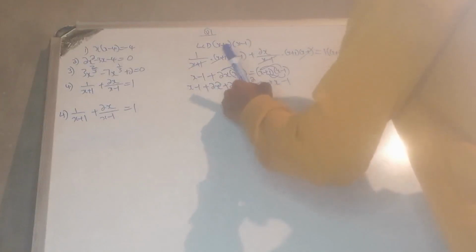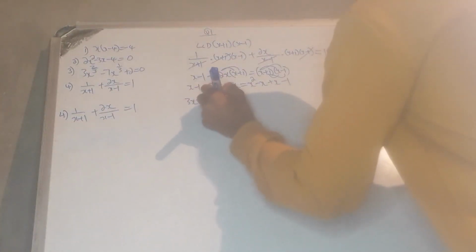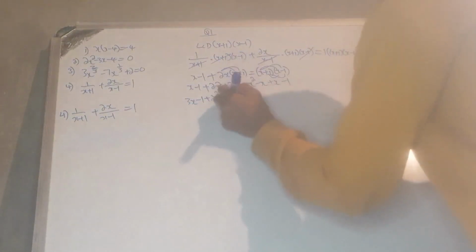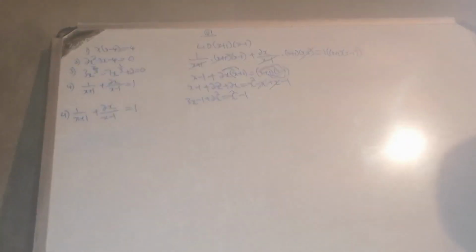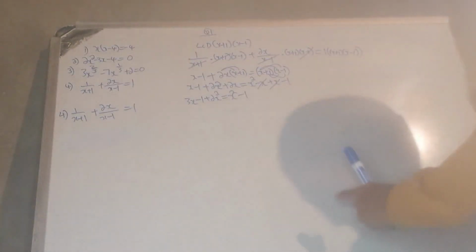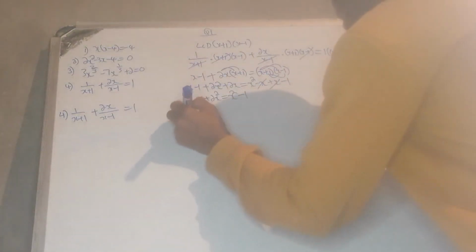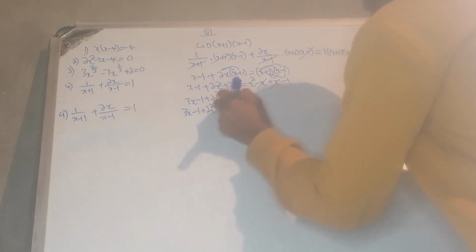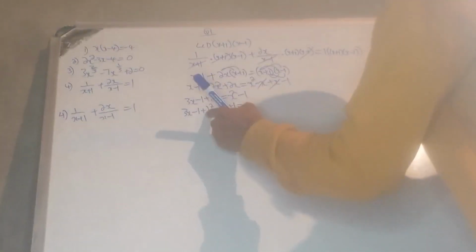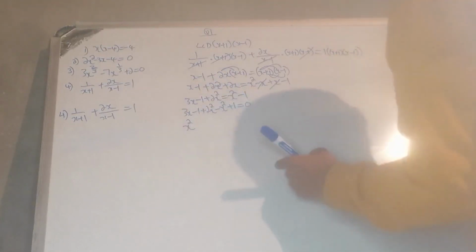x plus 2x is 3x minus 1 plus 2x squared. You have your x squared, positive and negative, they cancel. You have your negative 1. You can group the like terms here. You can take everything to that side. 2x squared minus x squared is x squared.